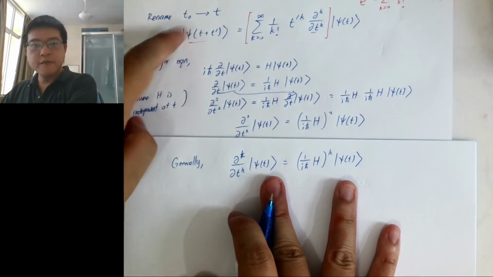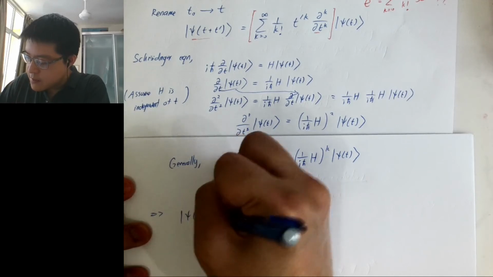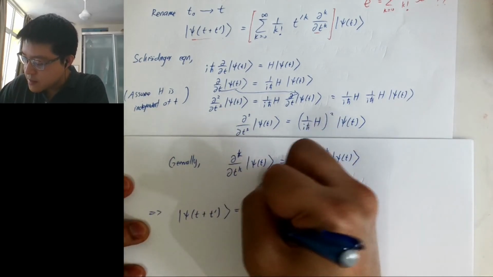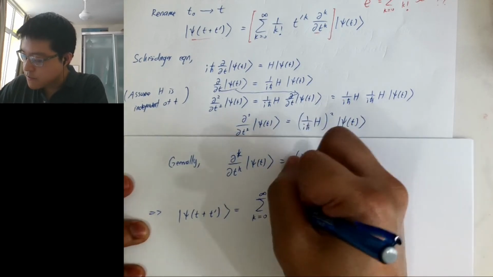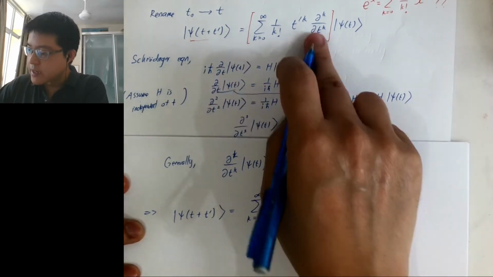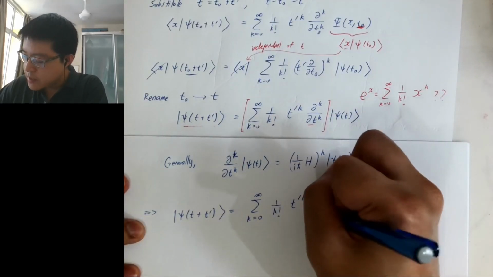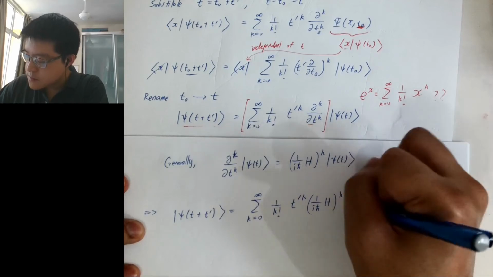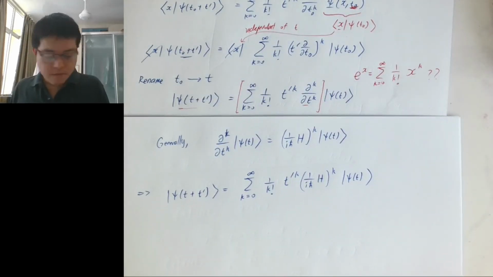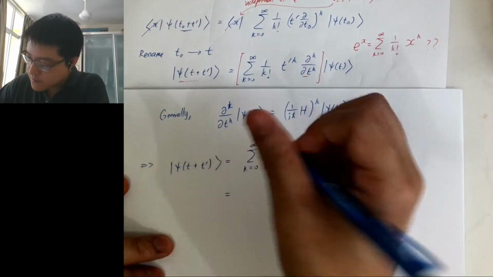Okay, so therefore I know what to do with this equation already. So therefore t shifted by t prime is equivalent to saying this is a series of 1 over k factorial t prime to the power k, and then differentiating k times, it just means 1 over i h bar k times. Make sense? Okay, so this whole thing is to the power k.